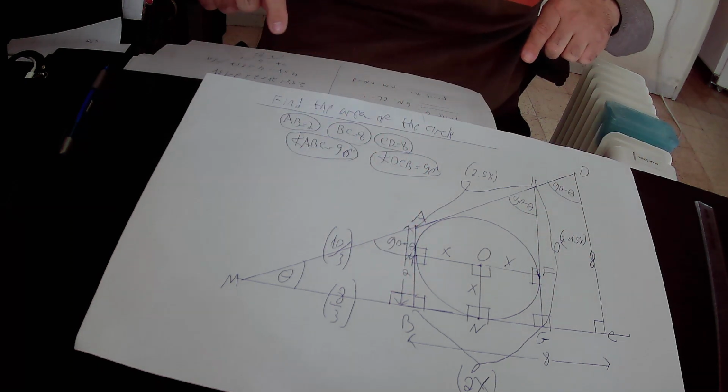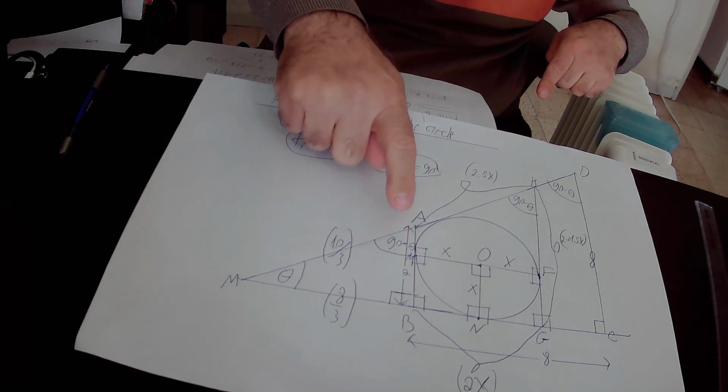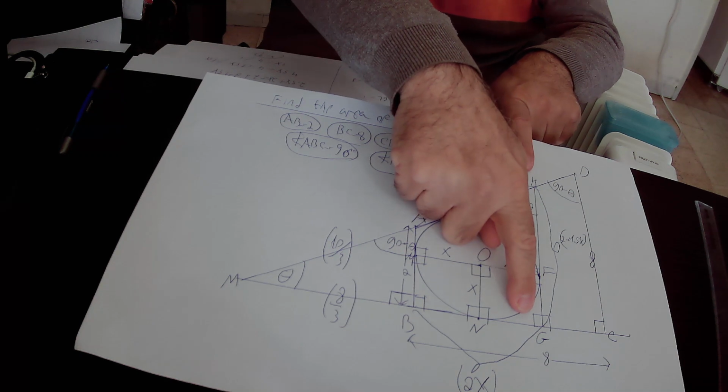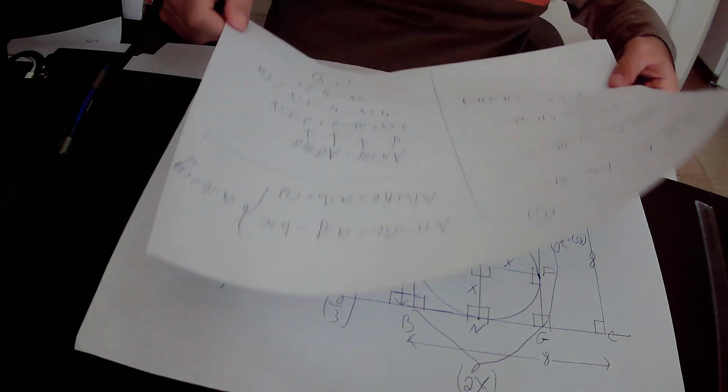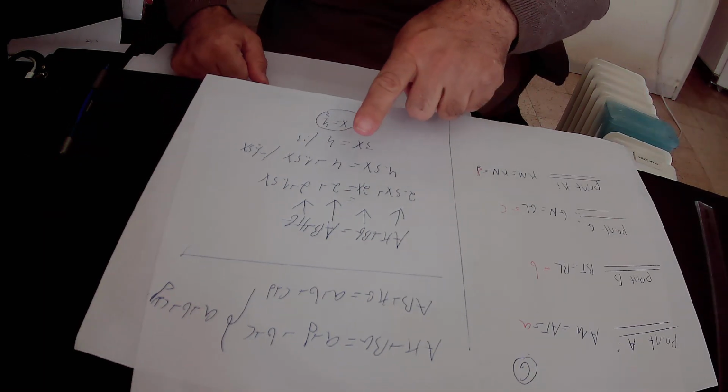And it is equal to AB, that is 2, plus KG. KG is equal to 2 plus 1.5x. So in total, AK plus BG equals AB plus KG.